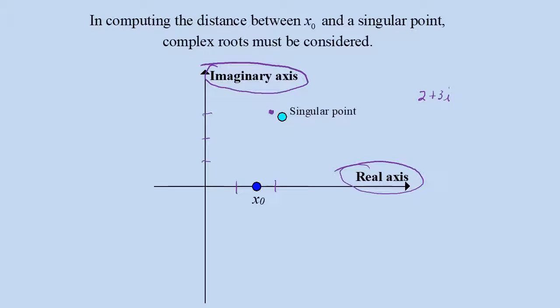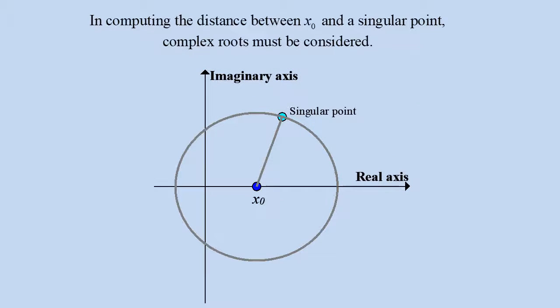So this would be the complex number 2 plus 3i. Let me show you how we can use that for finding our interval of analyticity. We want to find the distance from the center, the point we're expanding about, to the singular point. So this is the distance we're looking for if we have imaginary roots.